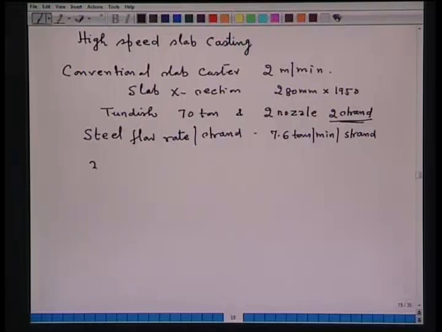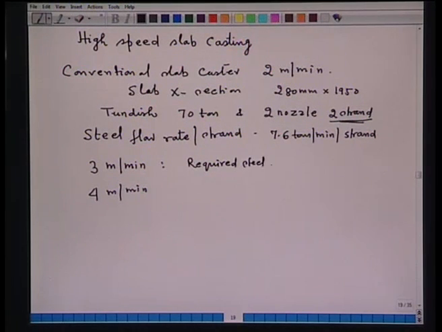Now, you want to increase the speed, and let us say now you want to increase the speed to 3 meter per minute, or you want to go further to 4 meter per minute. What are the issues? I calculate now the required steel flow rate.